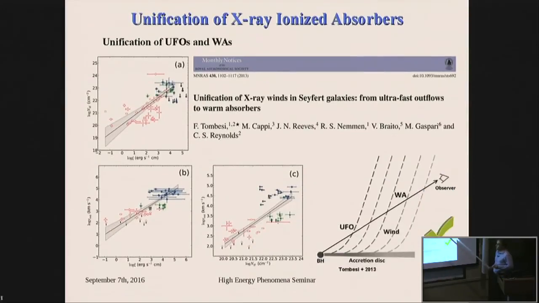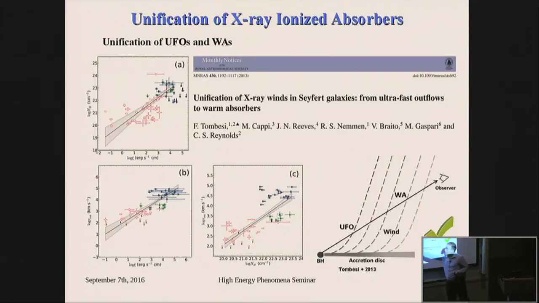This density profile suggested that ultra-fast outflow and warm absorber could be related to one phenomenon in AGN. For example, warm absorber from the outer region and ultra-fast outflow from the inner region.